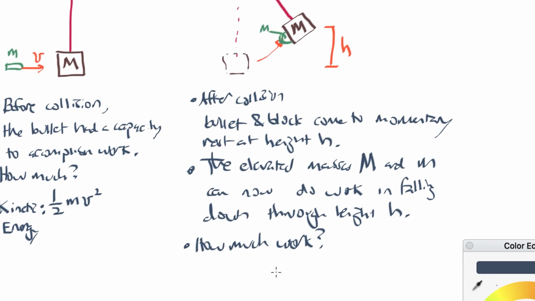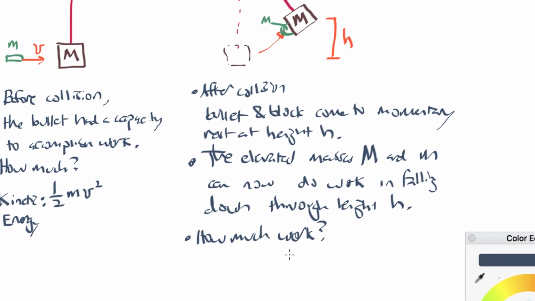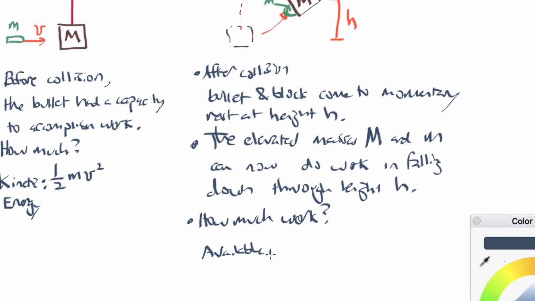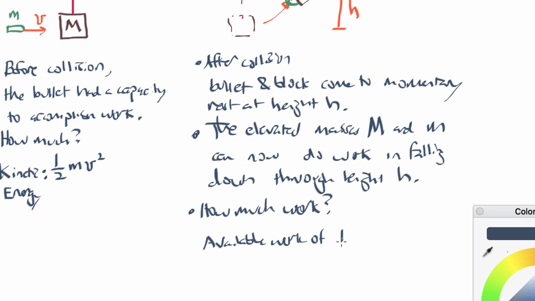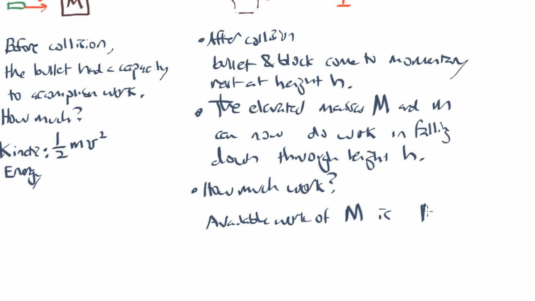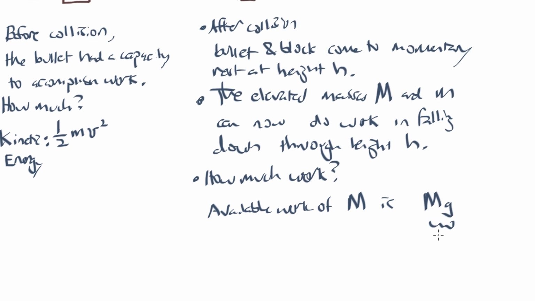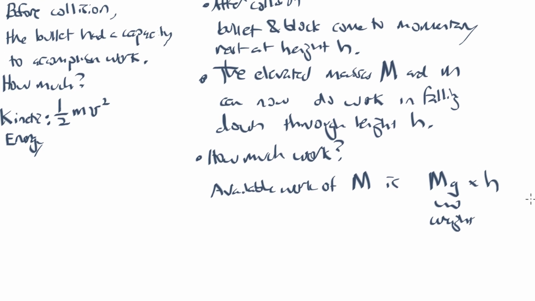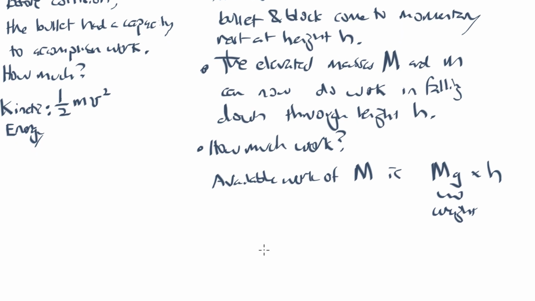Well, the available work of capital M is given by its mass times g, this is the weight of that, times the height through which it falls, or it could potentially fall.